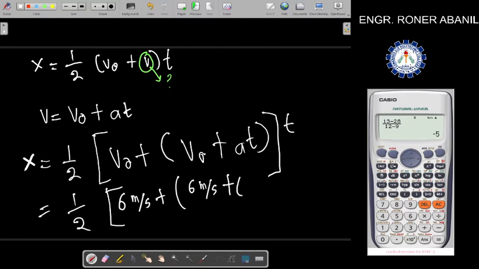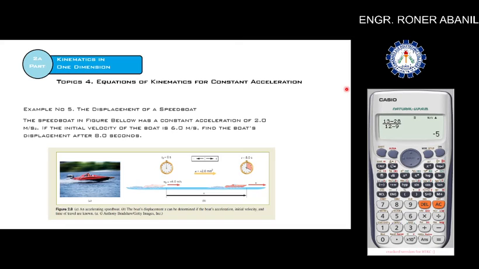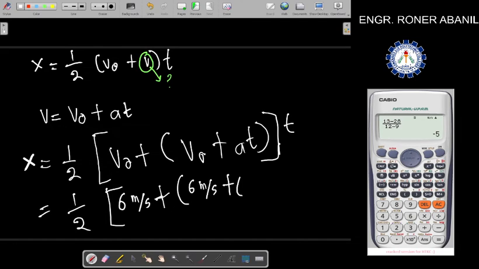May time yan eh. Yung acceleration natin, ibinigay din. Ano yung acceleration? 2 meters per second squared.